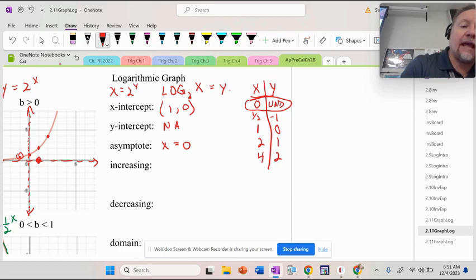It's half, -1. So it's that point. And then here's some other symmetric values. 2, 1, 1, 2. And then 4, 2. Did I go too far? 1, 2, 3, 4, 2. You can see these are stretched out a little bit more than up and down. That's why it looks a little distorted. But that's okay.